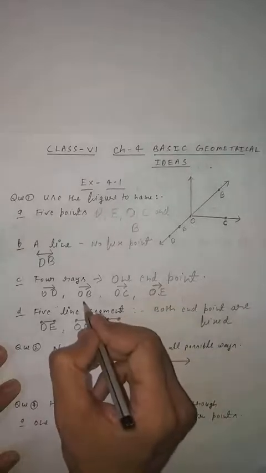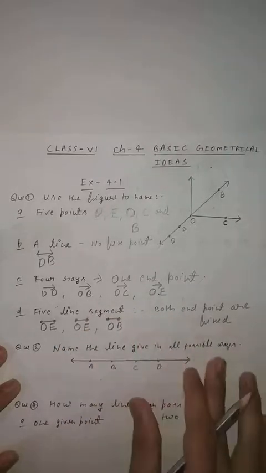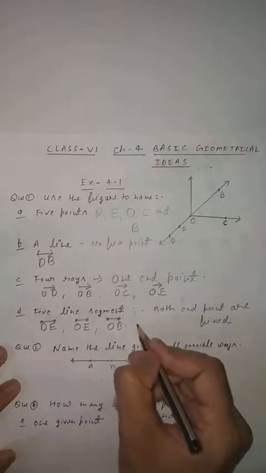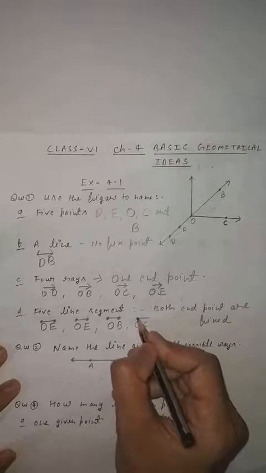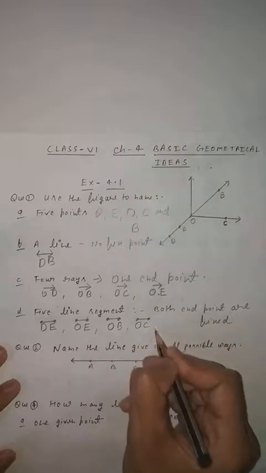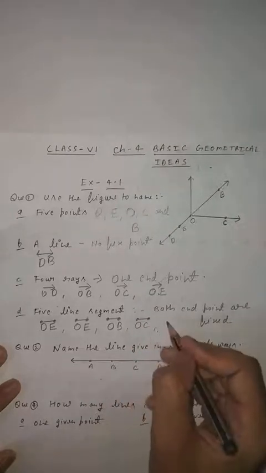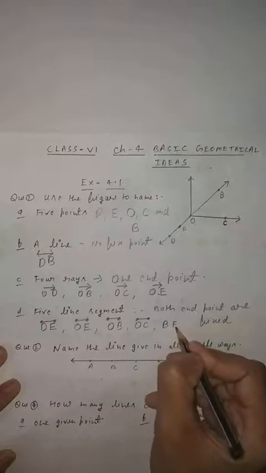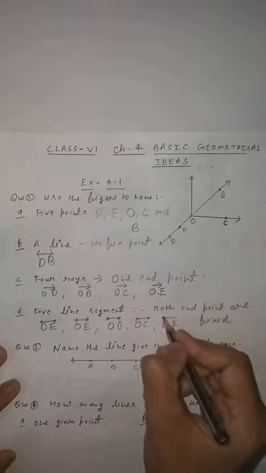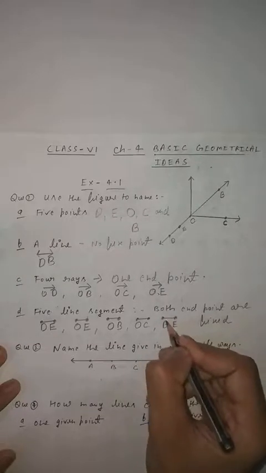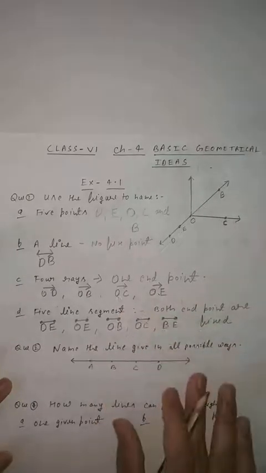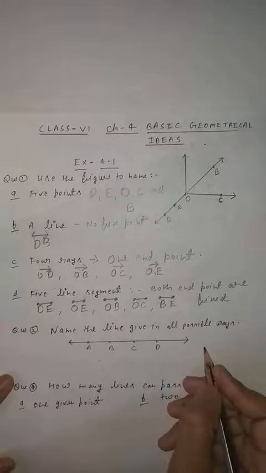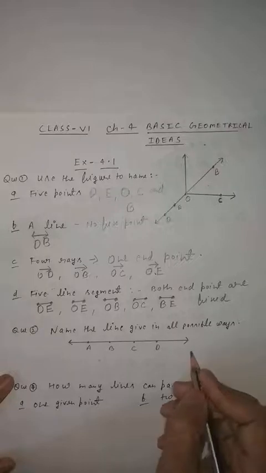But if you write OB like this, it means a ray. Next, OC you can write the same way, but the sign will be like this. And BE also you can write down. Clear students? The only difference is this indication.